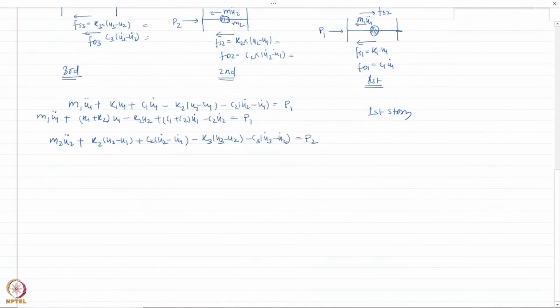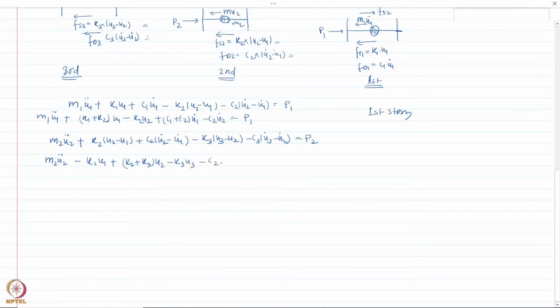Again I can combine similar terms together as coefficients of the deformation, acceleration and velocity. So this one would be minus k2 times u1, plus k2 plus k3 times u2, and minus k3 u3.